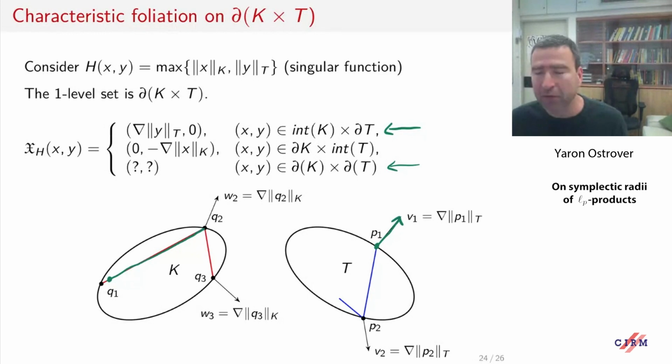It's a manifold with corners, right? We have the product of two convex domains. And the magic here is that under a convexity assumption, in the case where both K and T are strictly smooth convex domains, there is a natural way to continue these dynamics.